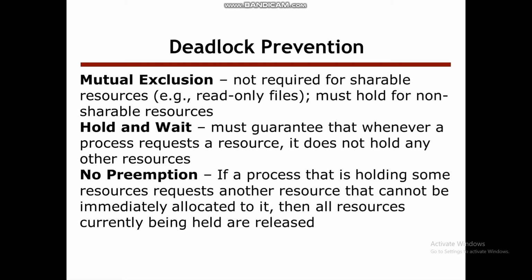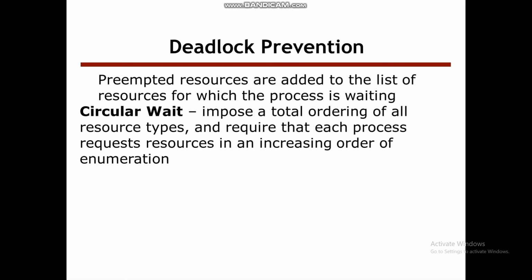And if a process that is holding some resource requests another resource that cannot be immediately allocated to it, then all resources currently being held are released. And these preempted resources can be added to the list of resources for which the process is waiting. And in this way, we can avoid the hold and wait situation.